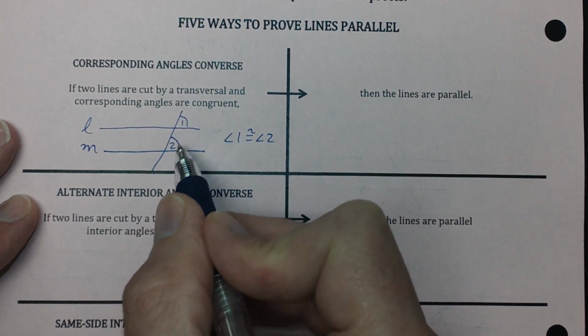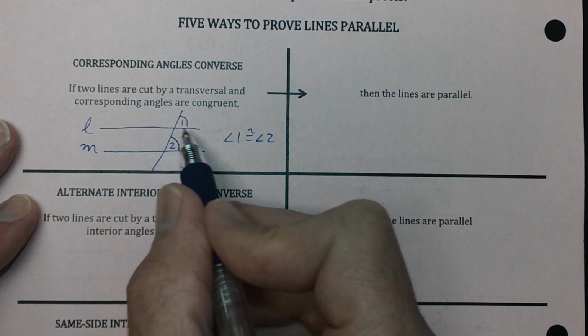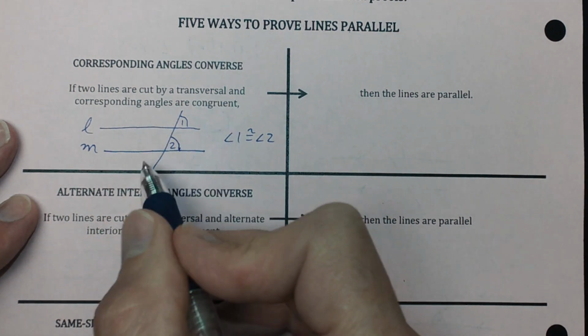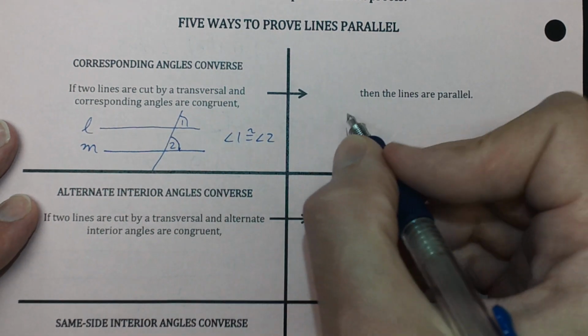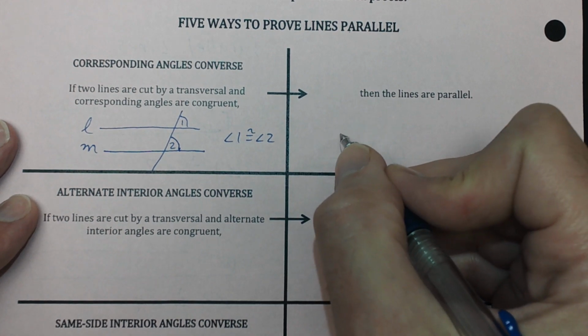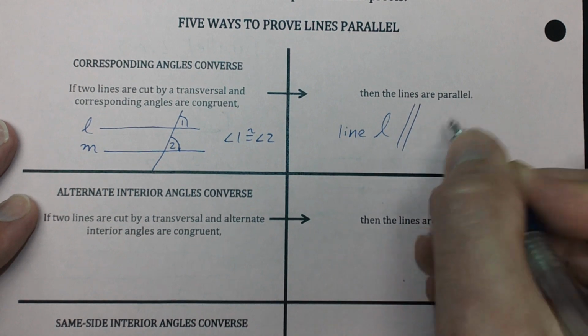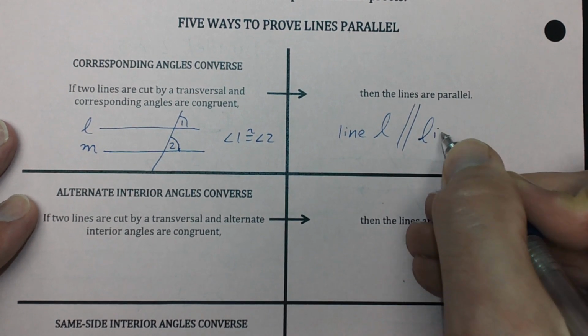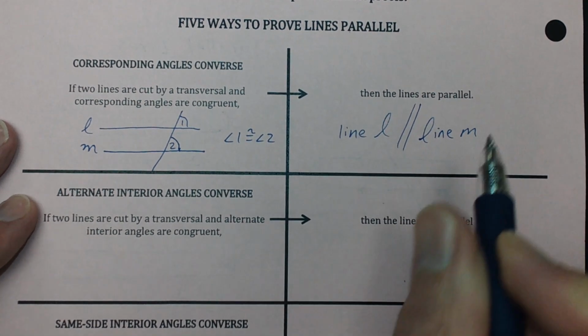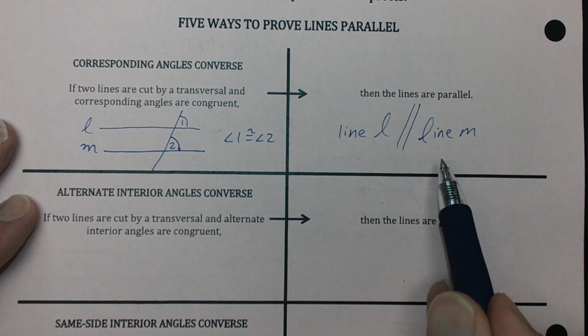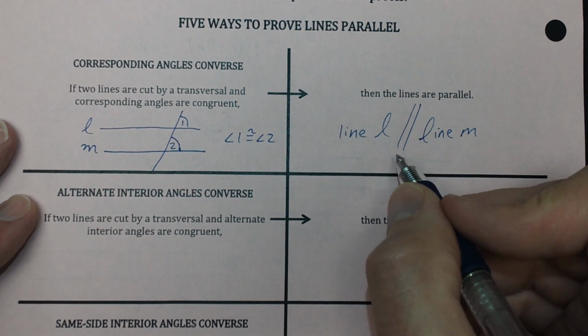And since they're corresponding angles and they're congruent, and we have 2 lines cut by a single transversal, the only way this is possible is if line L is parallel to line M.